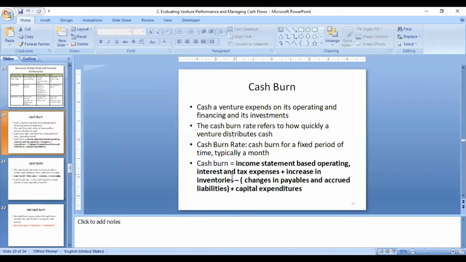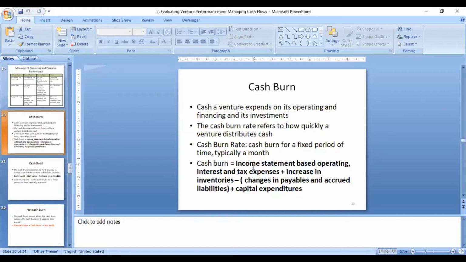From the balance sheet, you can get this increase in inventories, and also you have to adjust for increases or changes in the payables as well as the accrued liabilities. And also another item related to the investment, that is capital expenditures.